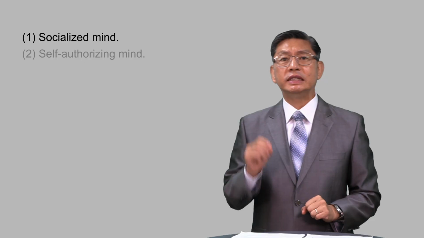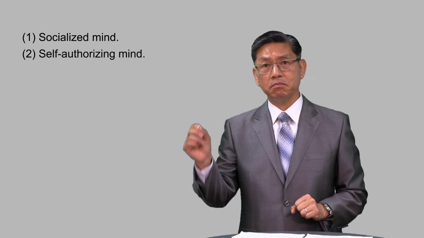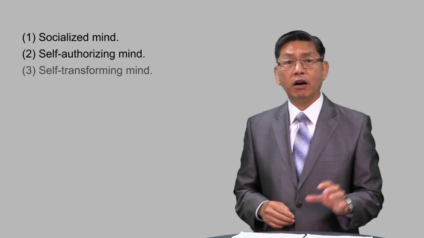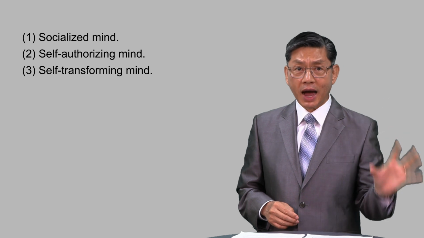Both Kegan and Lahey present that for successful organizational growth, people must encounter three stages of personal development mindset as follows. Number 1, socialized mind. Number 2, self-authorizing mind. Number 3, self-transforming mind.